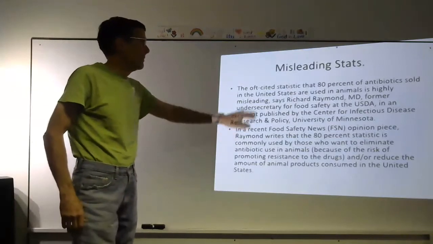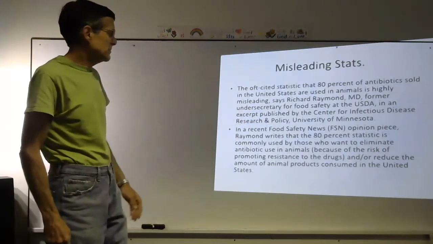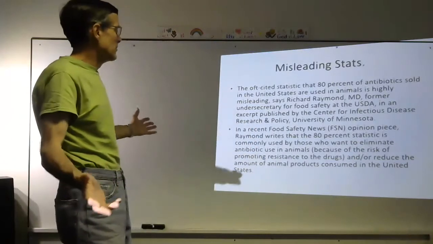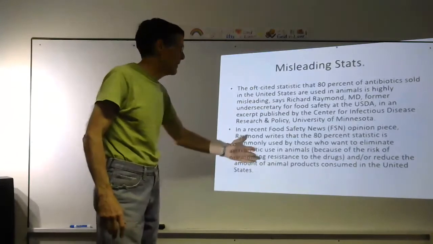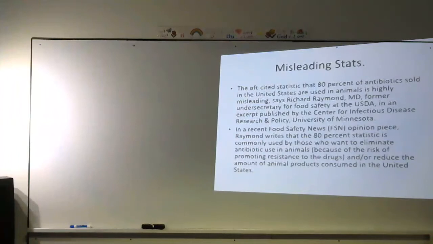Anyway, Raymond, this undersecretary for food safety, writes that he's blaming this 80% statistic on people who just want to get rid of the antibiotic use. Well, of course we want to get rid of the antibiotic use. I don't want to be consuming antibiotics in my pork chop.